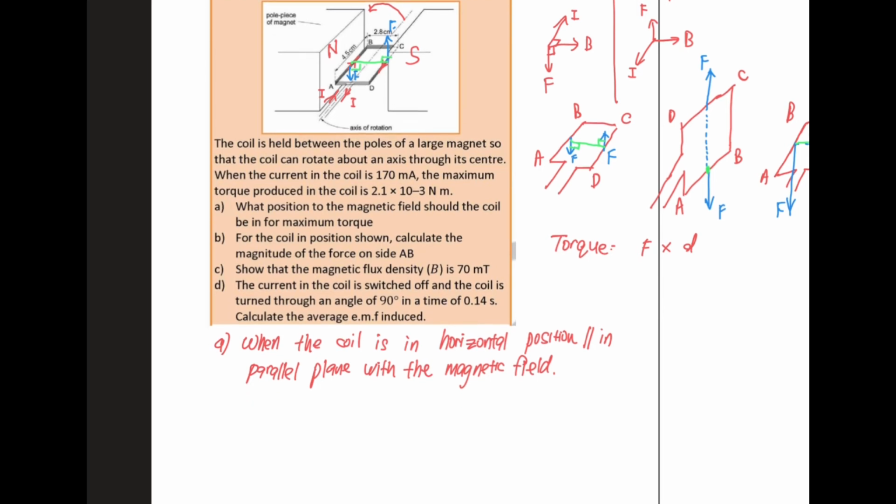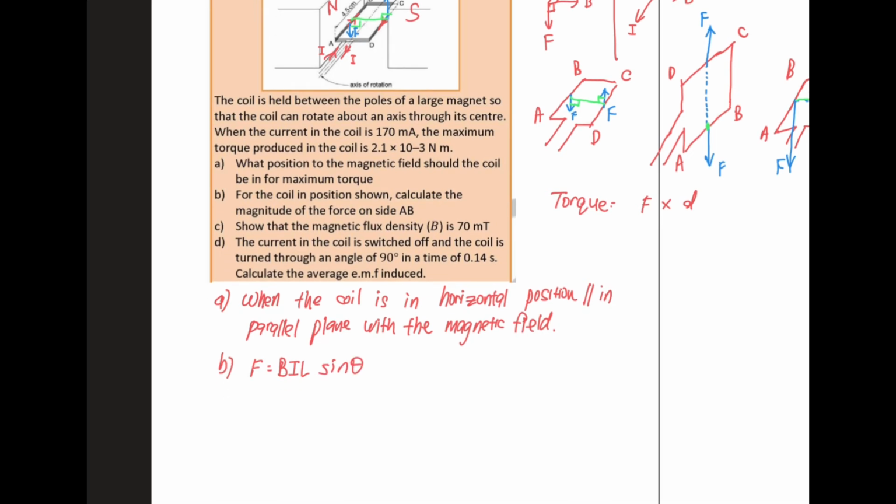Now we look at B. For the coil in the position shown, calculate the magnitude of the force on side AB. So we want to count the force. What formula should we use? In this position, F equals BIL sine theta.